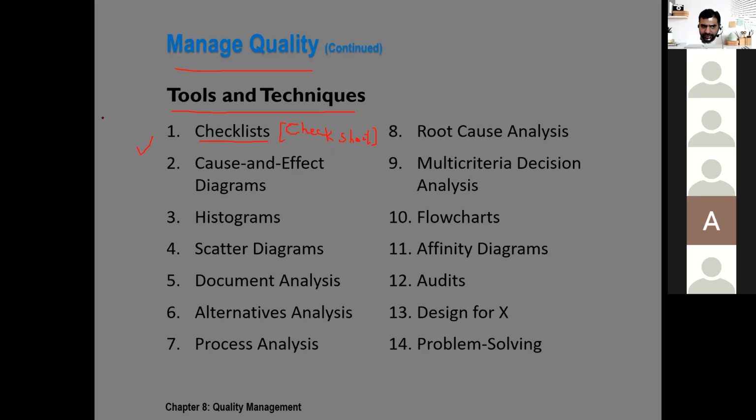Do you do something like this instead of just doing tick or cross? Do you also count how many issues are there or how many equipment are faulty, something like that? I've worked with a variety.